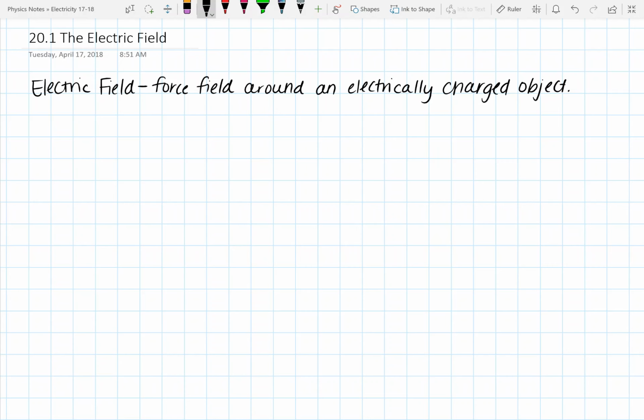So, we're going to learn about some of the properties of the electric field. We can visualize the electric field.